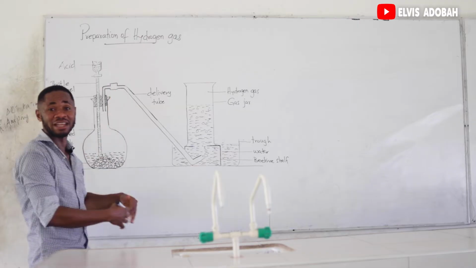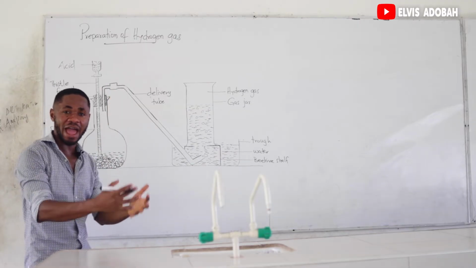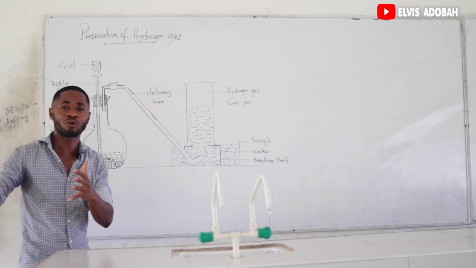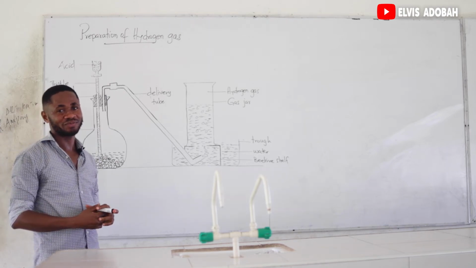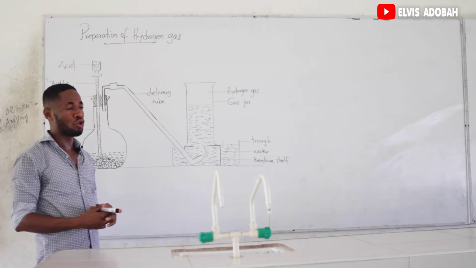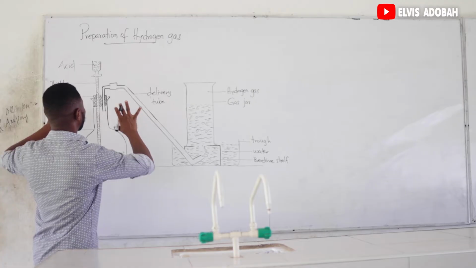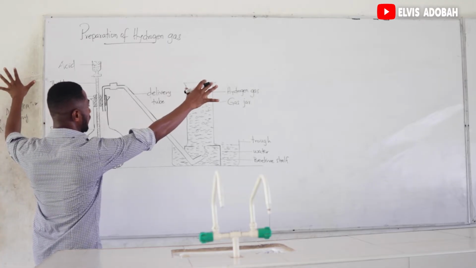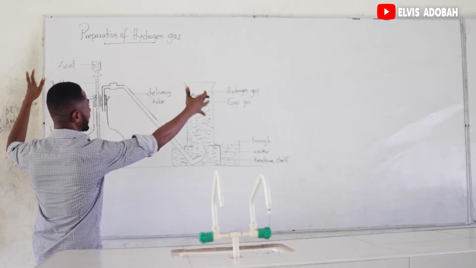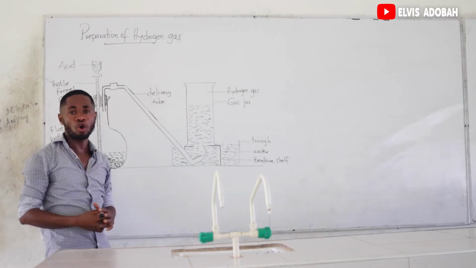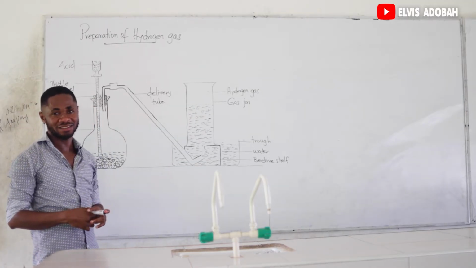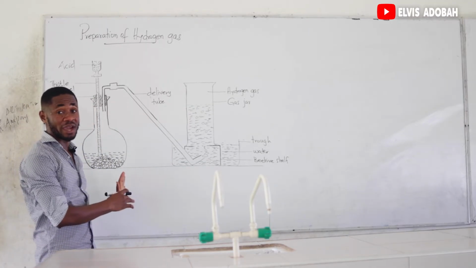Then they will ask you to identify the parts labeled I, to where they are going to end at. And I hope by now you should grasp the labeling of the parts of the setup for the preparation of hydrogen gas.